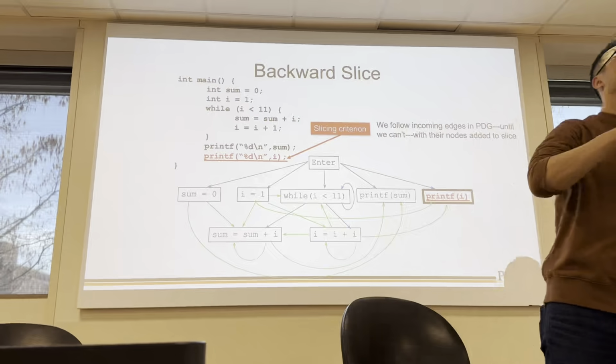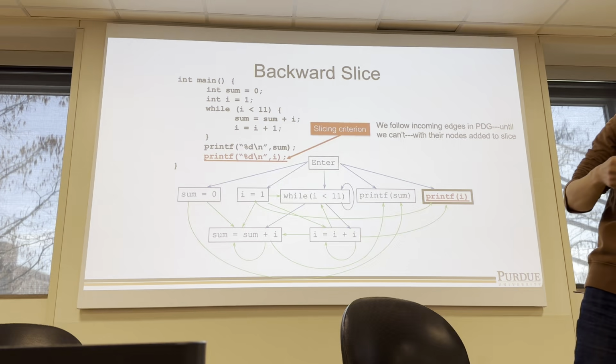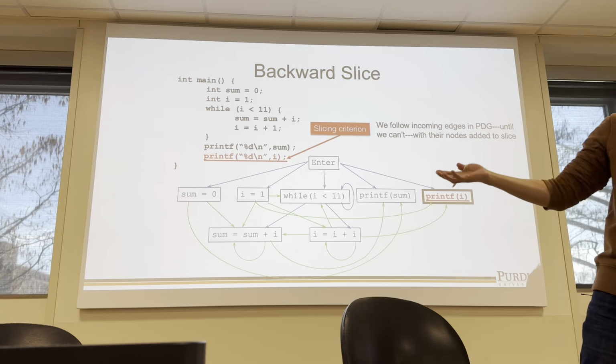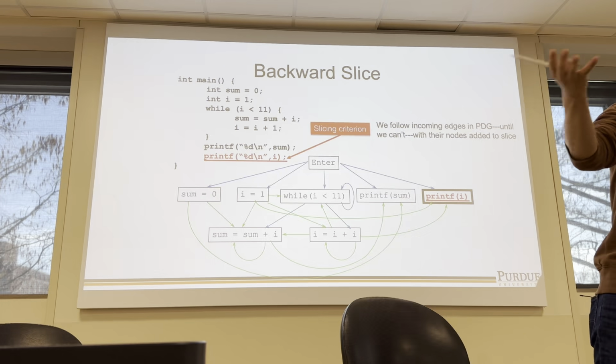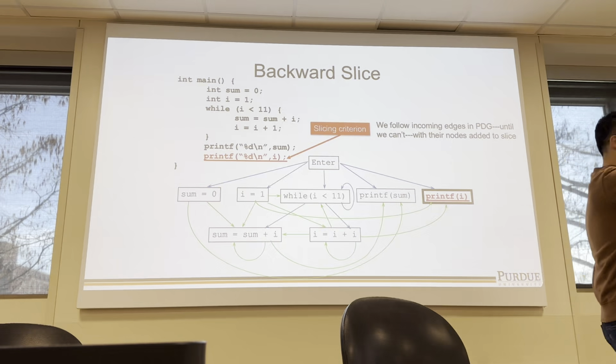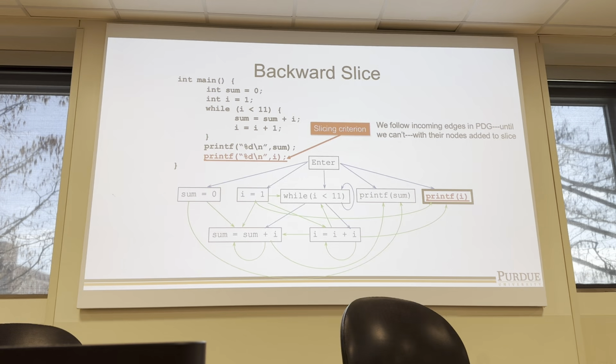But depending upon where you ask for this query, your resulting slice might be different. That's exactly the same as the way we make the query for the compiler for the data analysis results, right? So at this particular point we're interested in I's value, which ones are factoring into the values of I? That's basically program slicing.